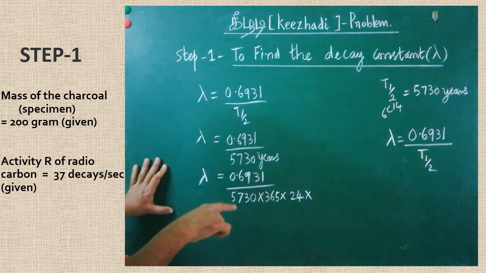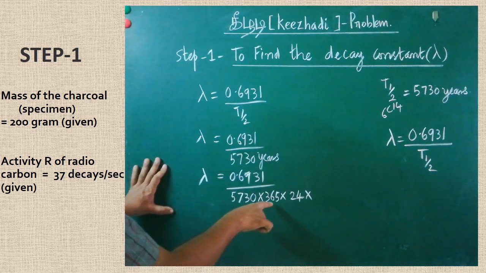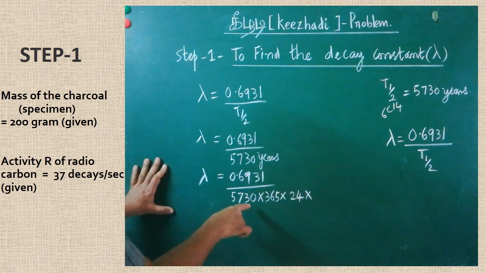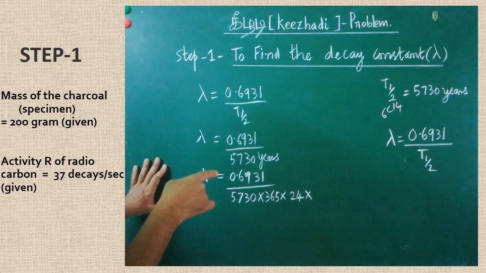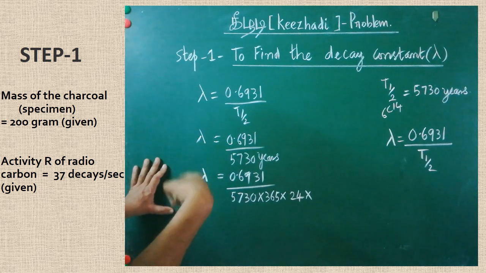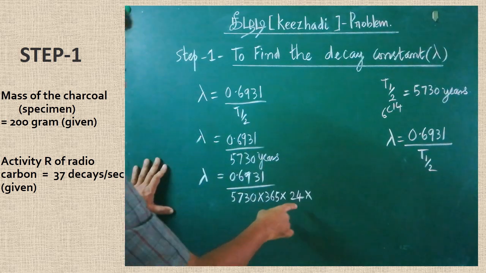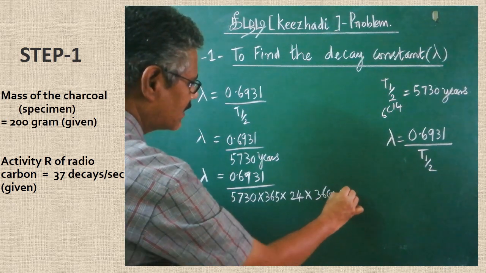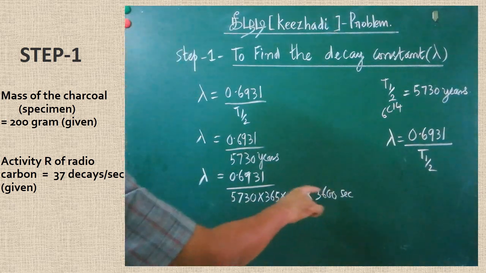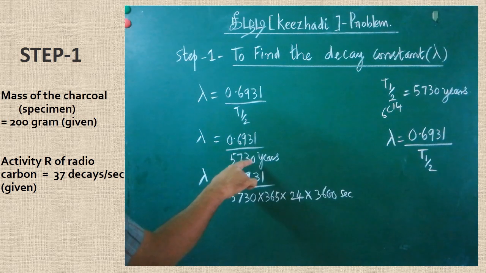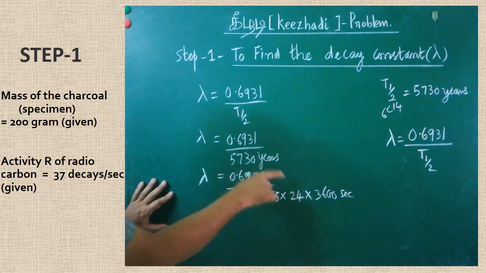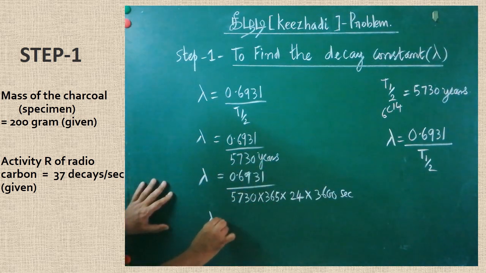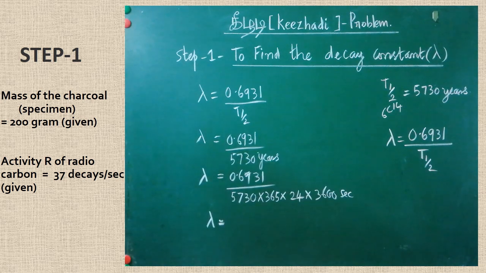Here everything has to be converted one by one. Years to be converted into days, days into hours, hours into seconds. 1 hour is equal to 3600 seconds. So finally 5730 years is converted into seconds. After calculating this part, finally you will be getting the decay constant value.